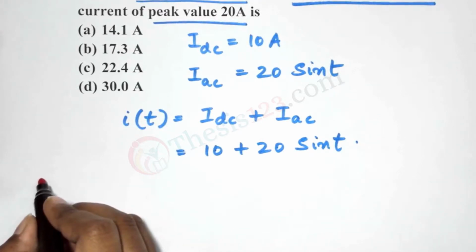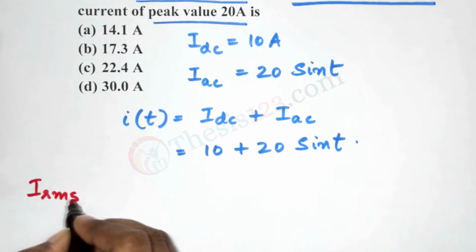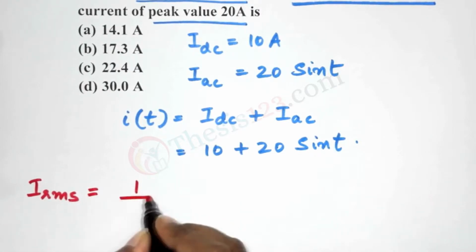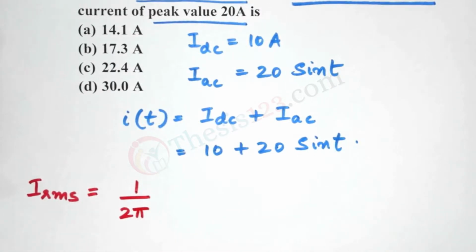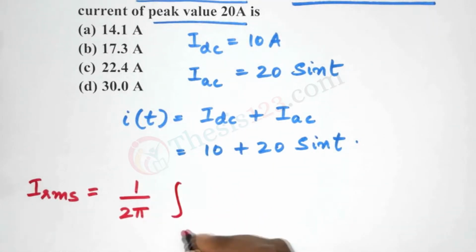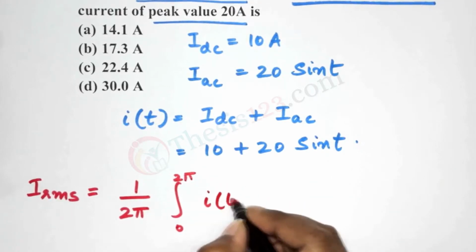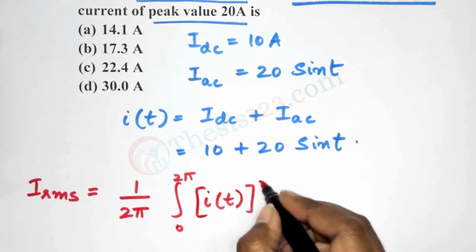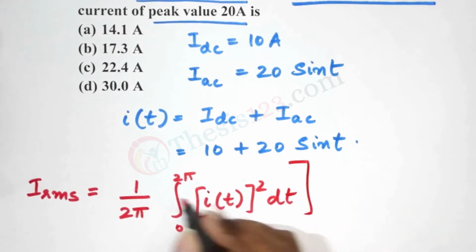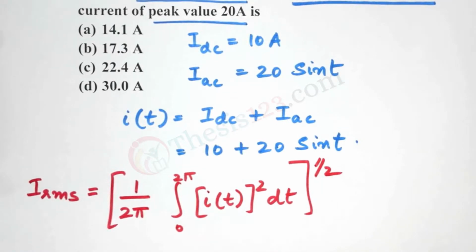So, the formula for the RMS value of current would be IRMS is equal to 1 by 2 pi, that is our total time period, 1 by 2 pi because it is sinusoidal, right? So, that's 1 by 2 pi, integral 0 to 2 pi, I of t square dt, and the entire part is under root, to the power of 1 by 2.